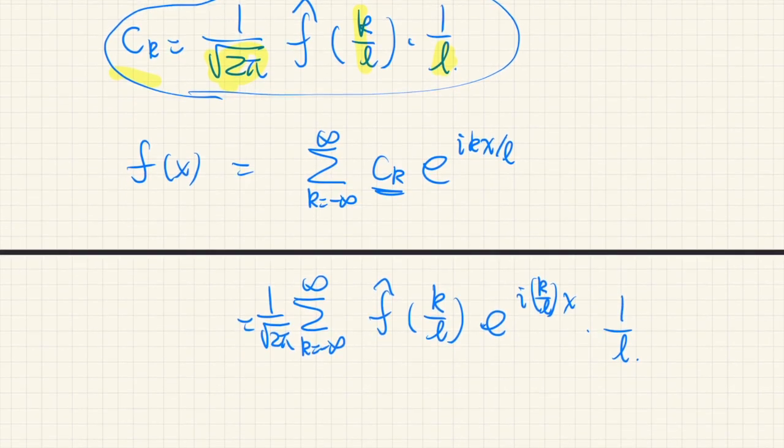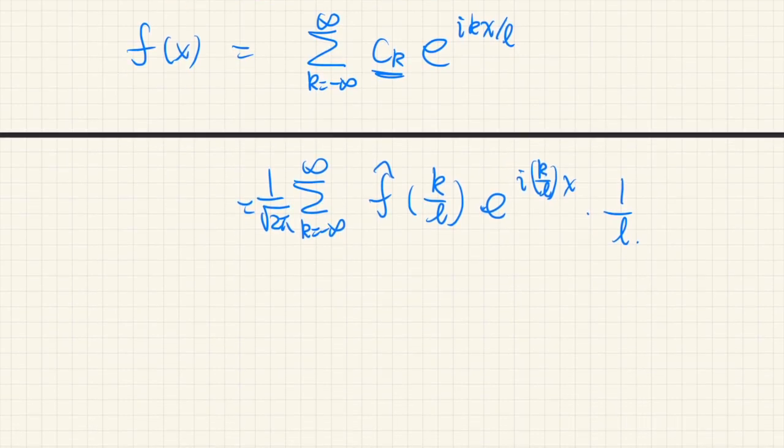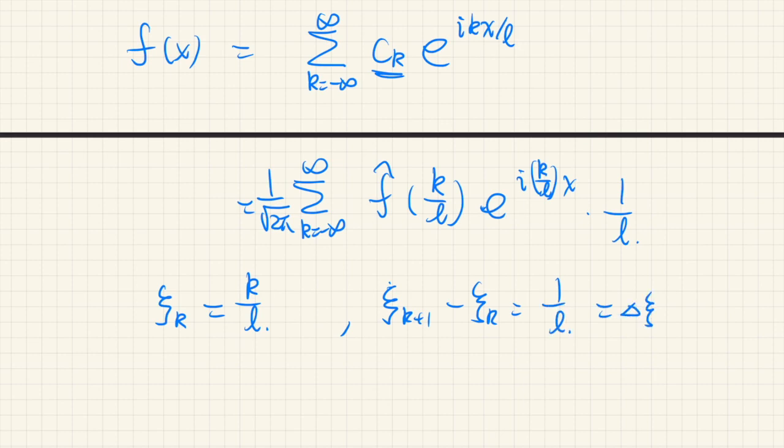Now let's set xi_k as k over L. Then xi_(k+1) minus xi_k is 1 over L. Let's write this as delta xi_k.